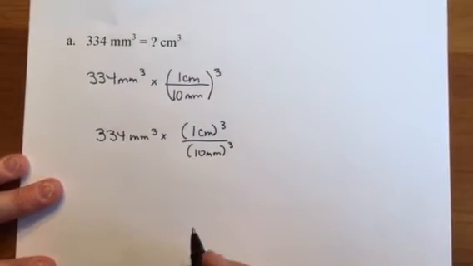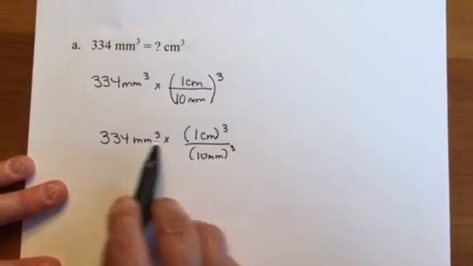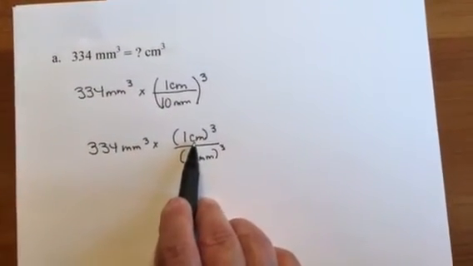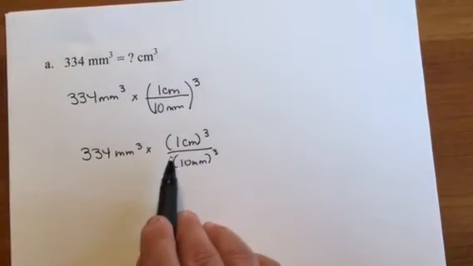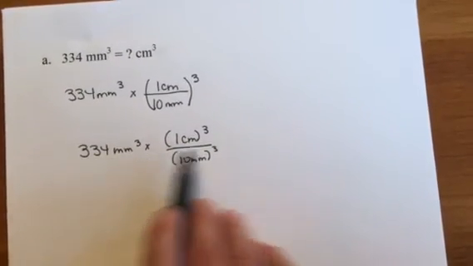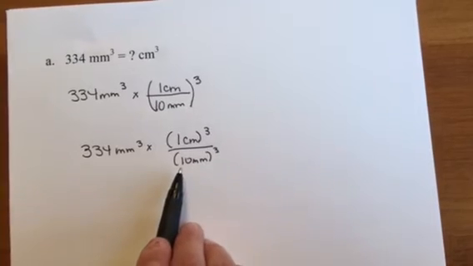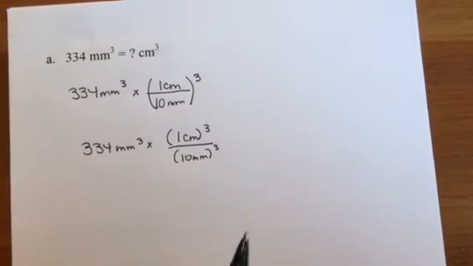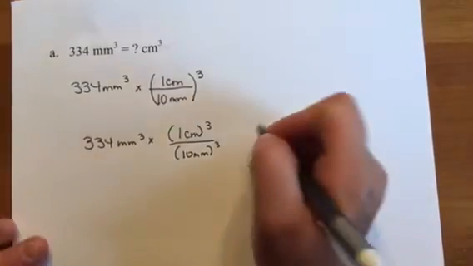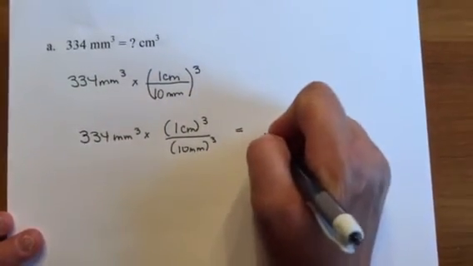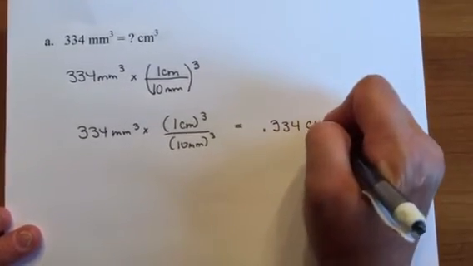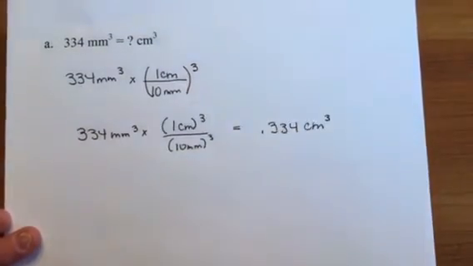And so when we do this, we get 334 millimeters cubed times 1 centimeter cubed, and 1 times 1 times 1 is 1, and then we divide that all by 10 times 10 times 10, or 1,000 millimeters cubed. And what we wind up with is 0.334 centimeters cubed.